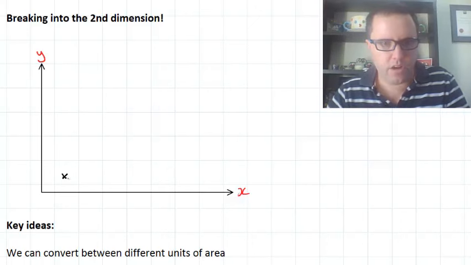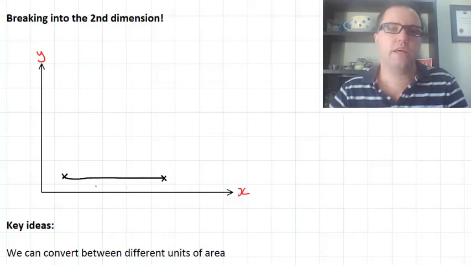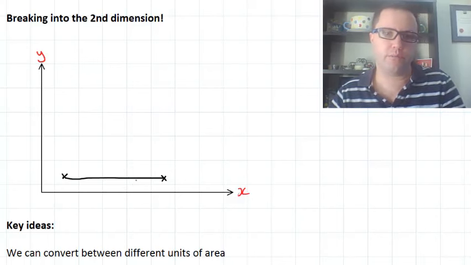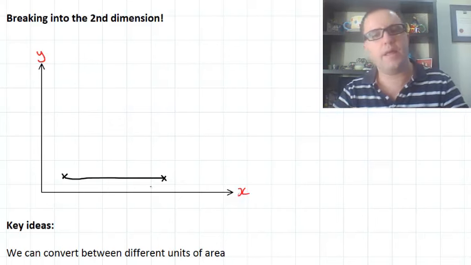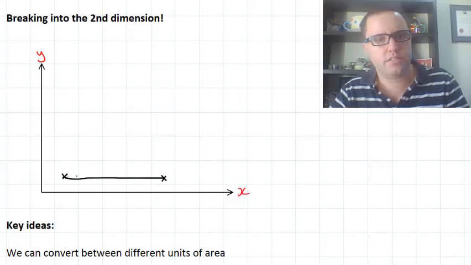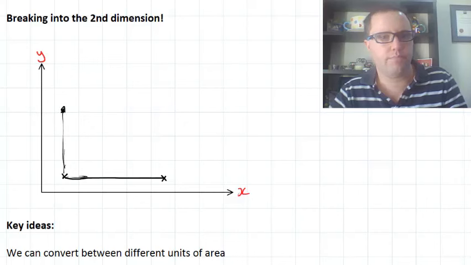If we have a line joining 2 points, that's the first dimension. If you're standing on the line, you're able to move just along the x-axis. But if we also extend this single dimension up a certain amount by multiplying it by a certain amount of y, we now get an area.